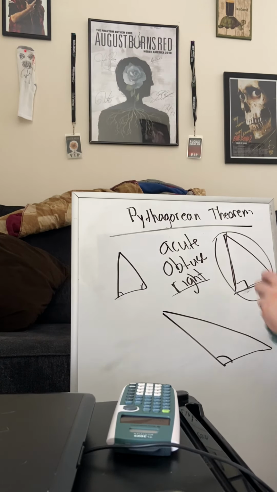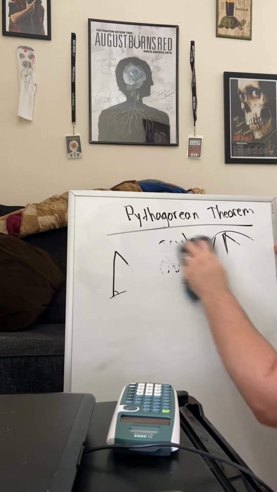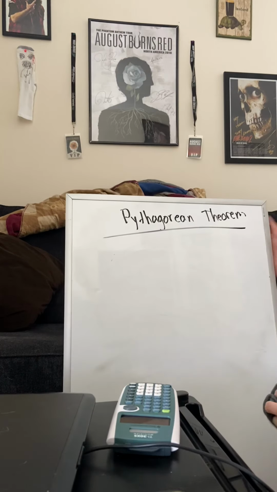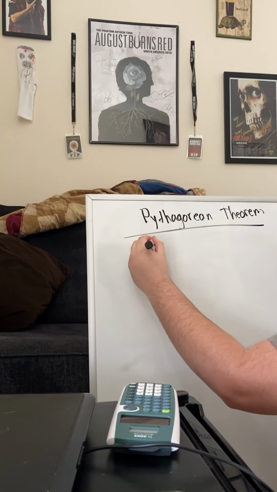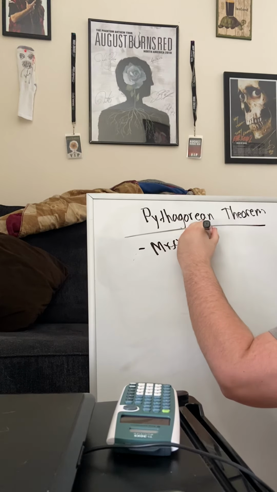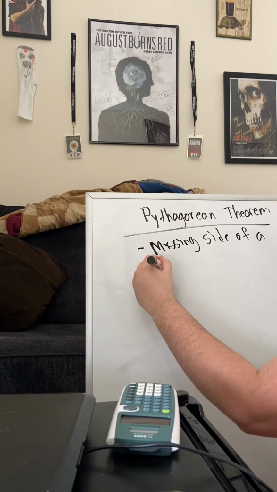So let's get into what the Pythagorean theorem actually is. We use the Pythagorean theorem to find the missing side of a right triangle.